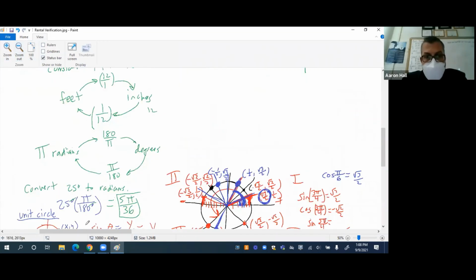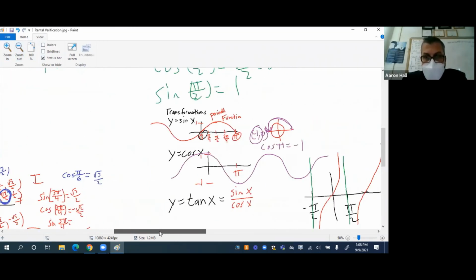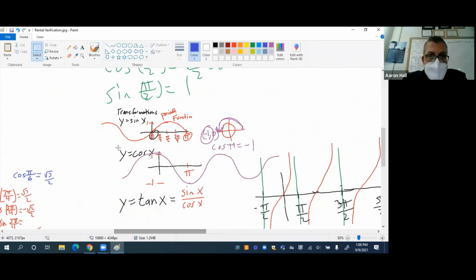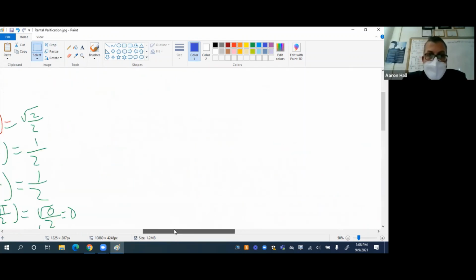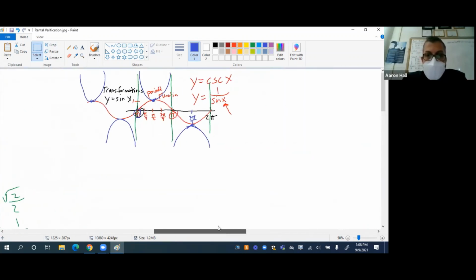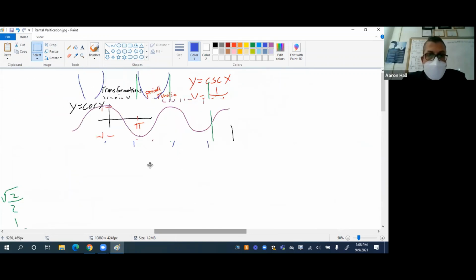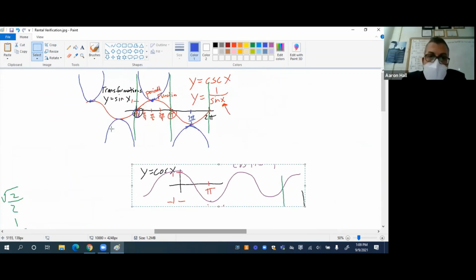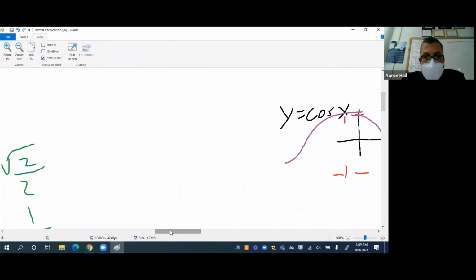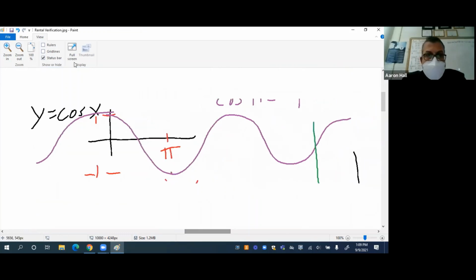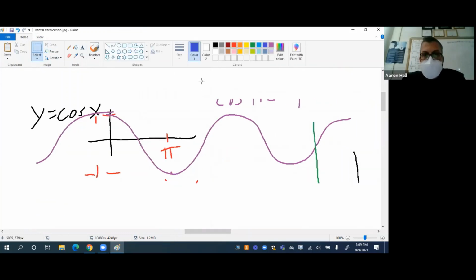Let's zoom in a little bit. Grab this one, copy. Go further over here. Paste. Knowing what we know about cosecant, this is going to be the graph for what?